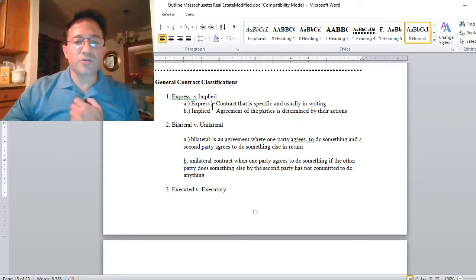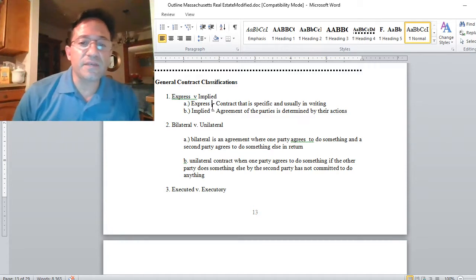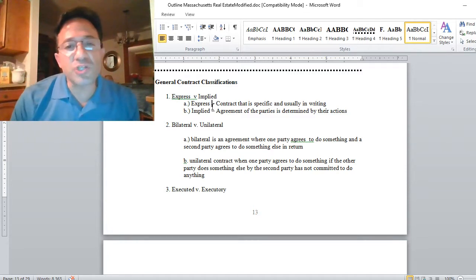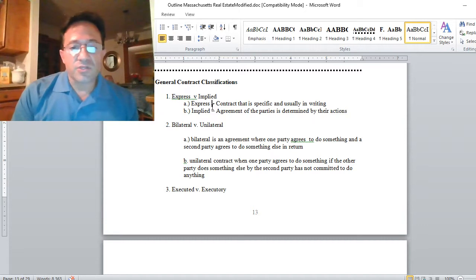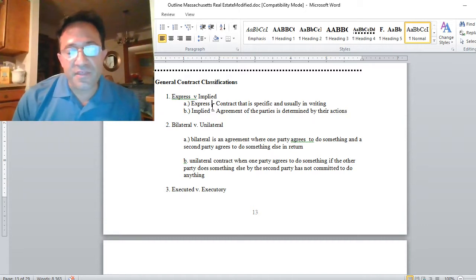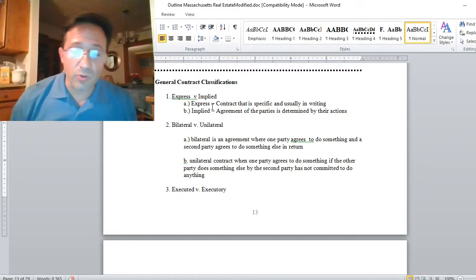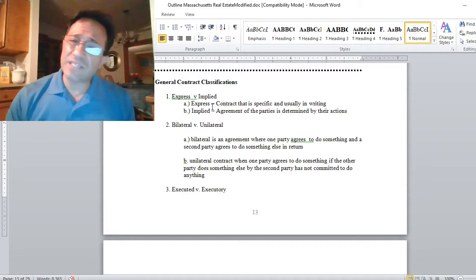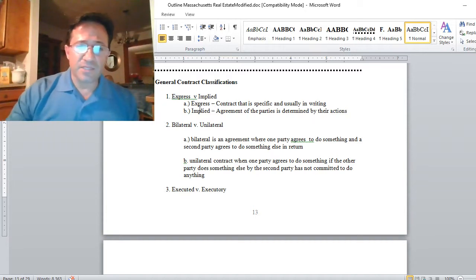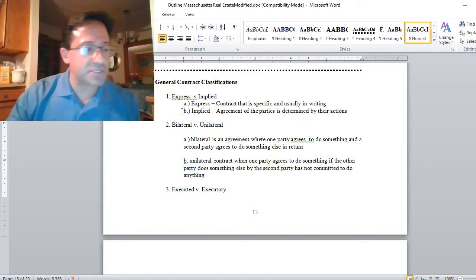An express contract is a contract that is specific, and usually it's in writing. So usually the thoughts of the parties are condensed to a writing. Okay, so that's an express contract, as in comparison to an implied contract, which is an agreement between the parties, and it's determined by their actions.